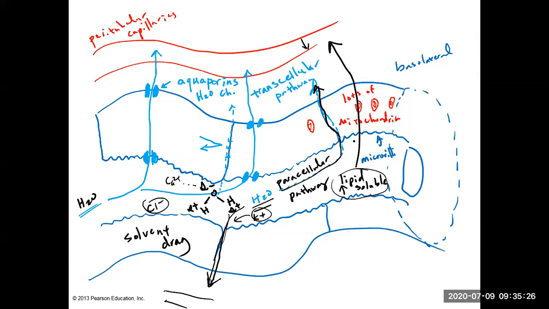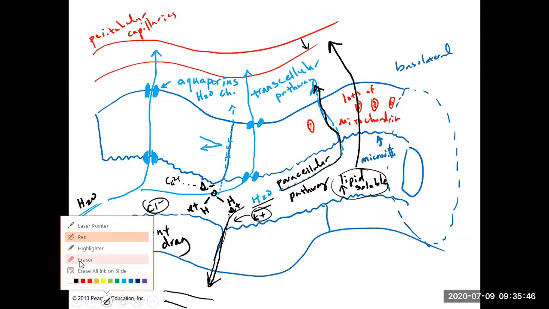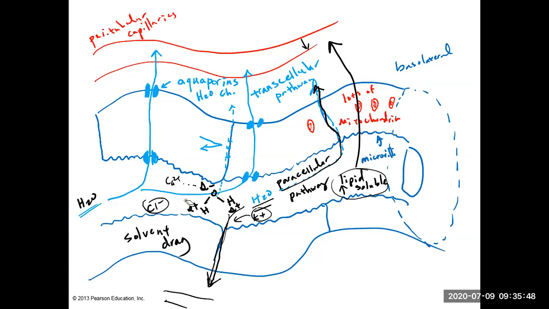Let's go ahead and take a look at what else is happening in here, because an awful lot is happening. I'm going to erase this because I want to use the proximal convoluted tubule again, and create a little more room so we can concentrate on the other things.